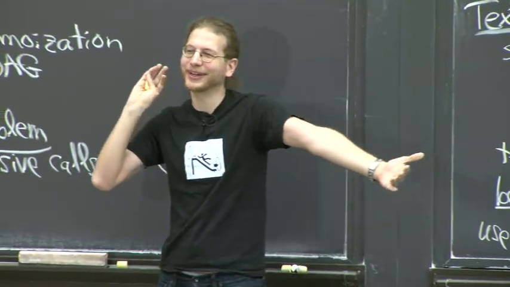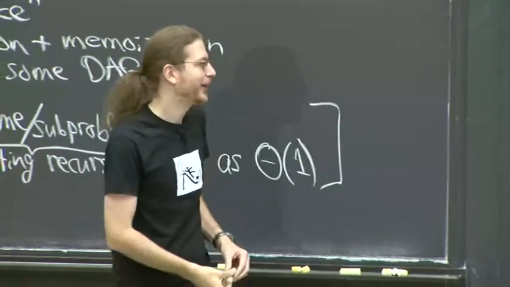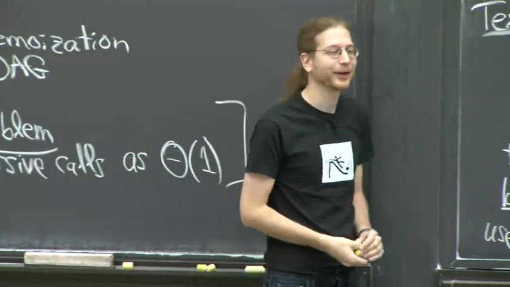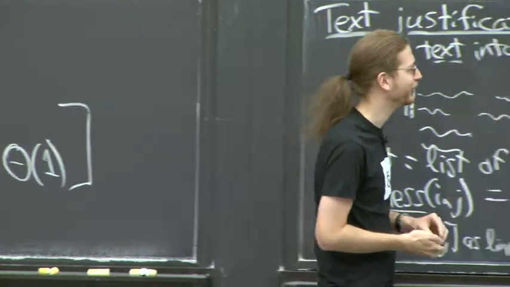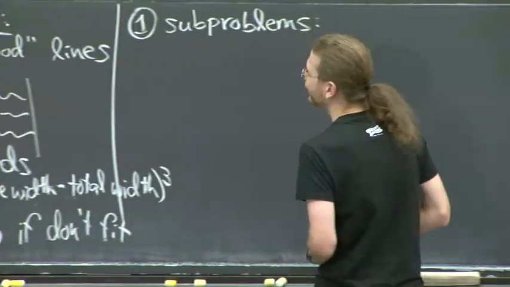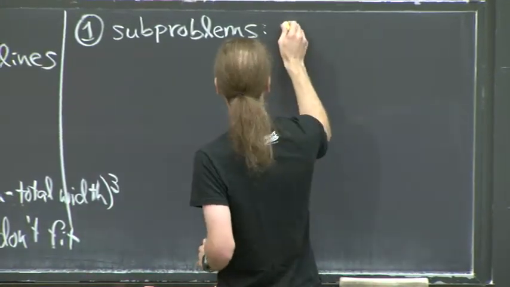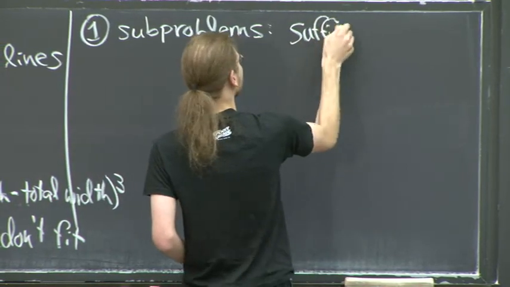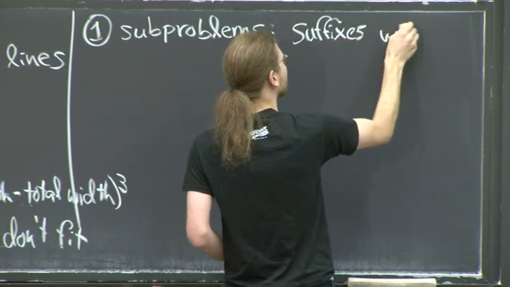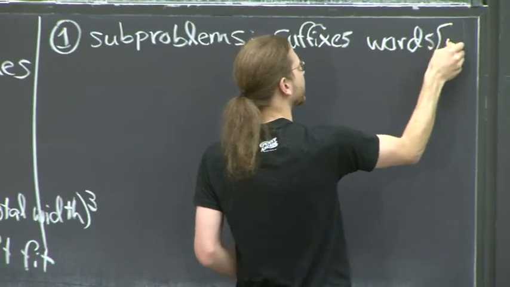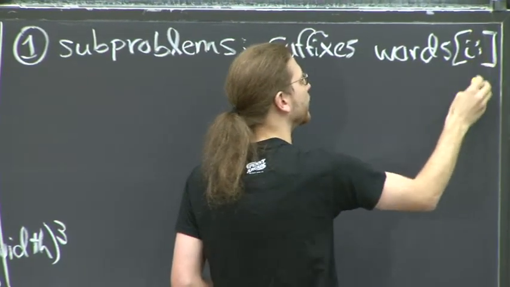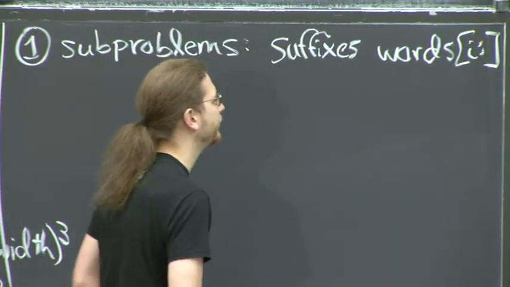Yes, that's what we want to define. It's called a suffix of the array. That's the word I was looking for. It's tough when I only have one-word answers. So my subproblems are going to be suffixes, which in Python notation is i colon. They call it slices.